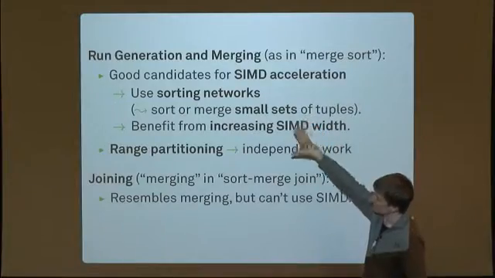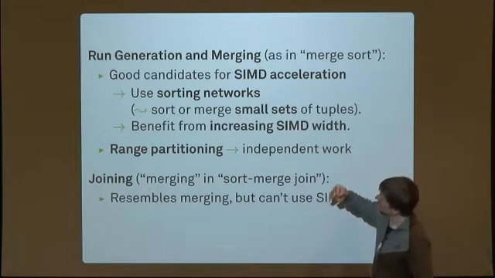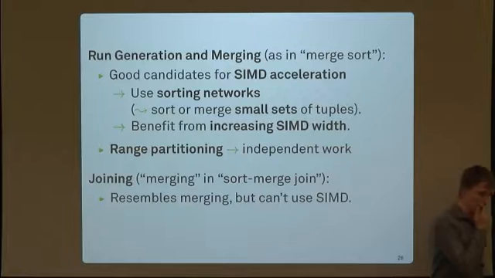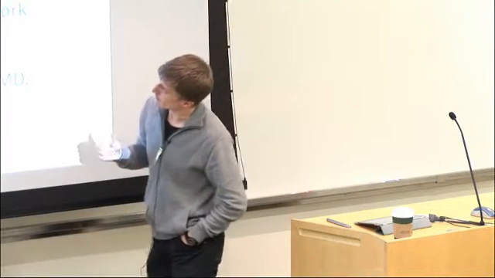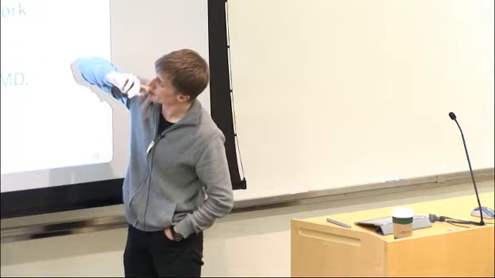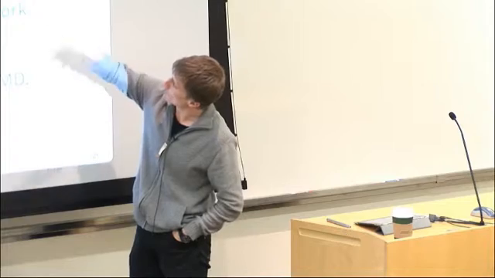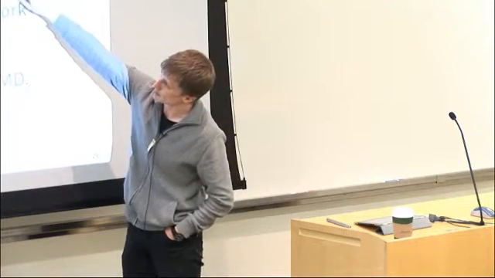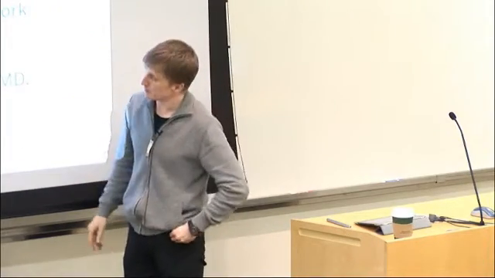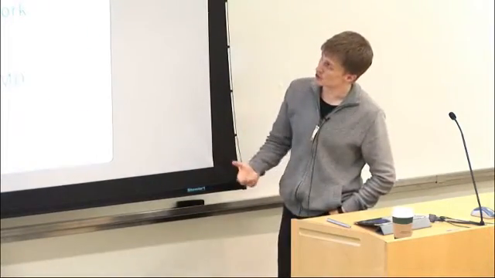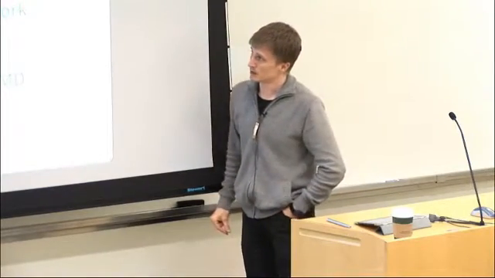For both parts, for run generation and for merging, you can implement them quite efficiently using SIMD acceleration based on sorting networks. This is where the Intel work said that in the future, run generation and merging is going to become even more efficient if you have wider SIMD registers.